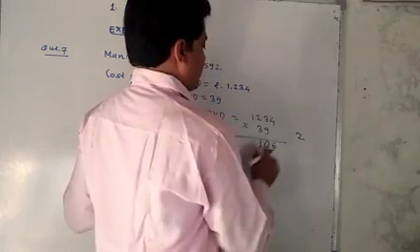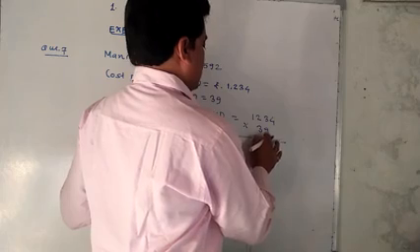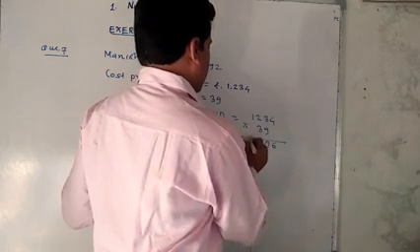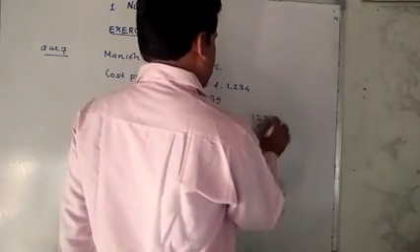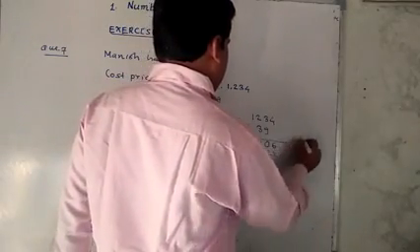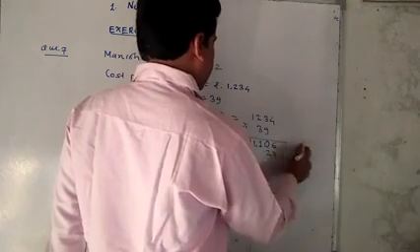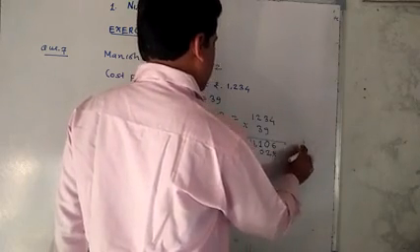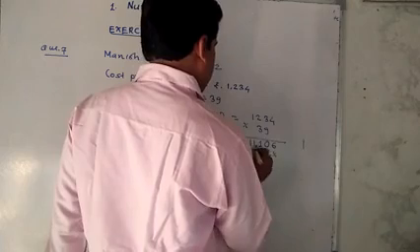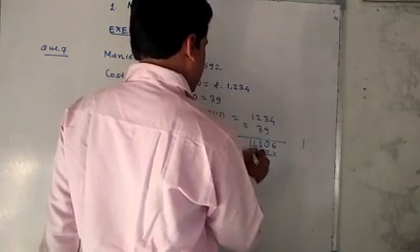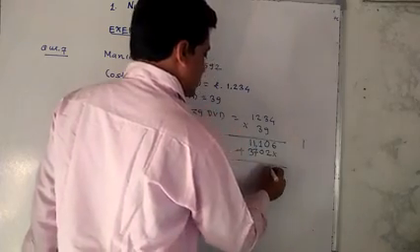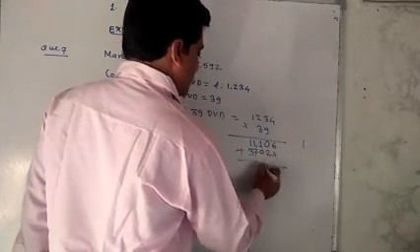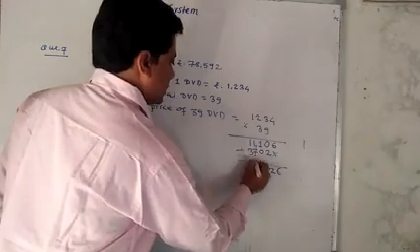carry 2, 9 1s are 9, 9 plus 2 is 11. Now 3 4s are 12, 2 carry 1, 3 3s are 9 plus 1 is 10, 0 carry 1, 3 2s are 6, 6 plus 1 is 7, 3 1s are 3. Therefore 6, 0 plus 2 is 2, 1 plus 7 is 8.